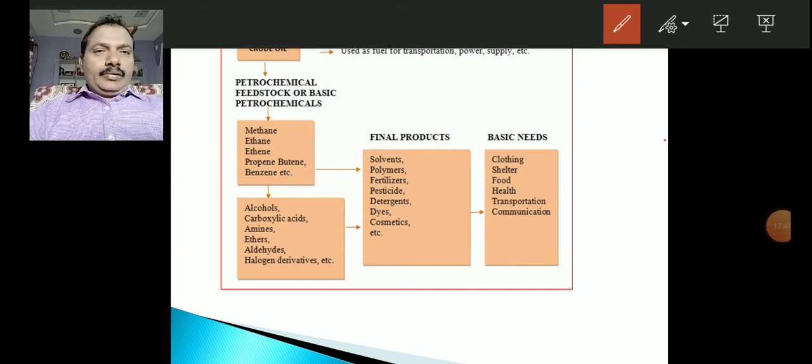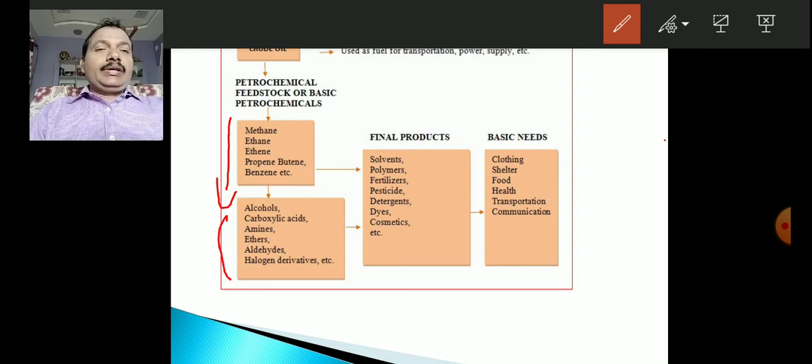Here we have the intermediate products available after distillation of these feedstocks. We have methane, ethane, propane, butane, benzene, etc. And these are the intermediates: alcohols, carboxylic acids, amines, ethers, aldehydes, and halogen derivatives.